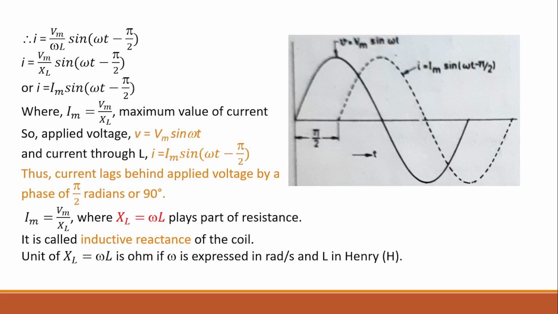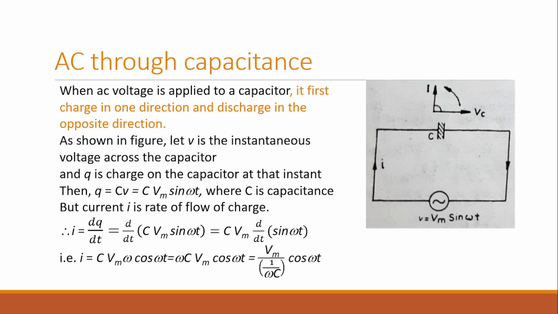The charge at any instant, the instantaneous charge Q on the capacitor, is written as C into V, the voltage across the capacitor, that is Vm sin omega t. So Q equals C into V equals C into Vm sin omega t, where C is capacitance.